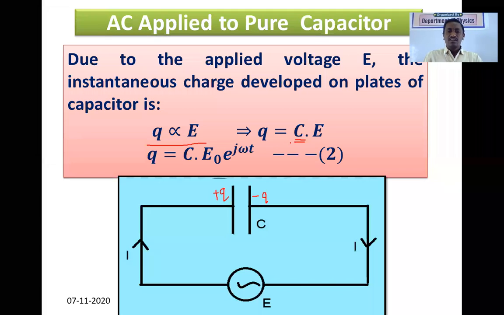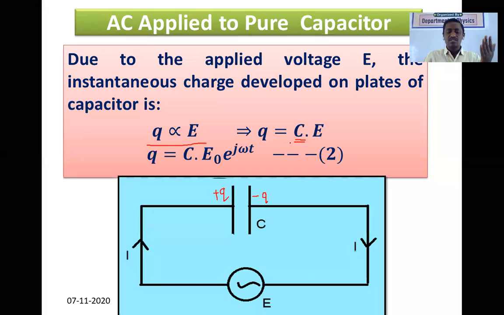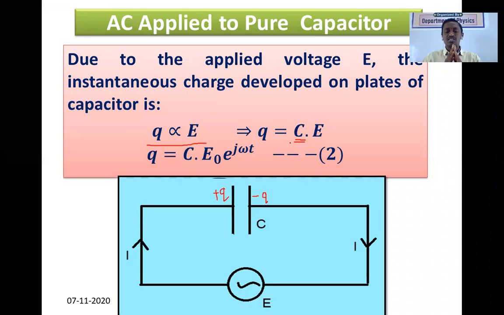As the charges developed on the plates are directly proportional to E, their ratio is constant. Thereby the capacity of a capacitor is a constant quantity depending upon the construction of the capacitor. As soon as the capacitor is fabricated, its capacity is fixed and is not changed by anything.